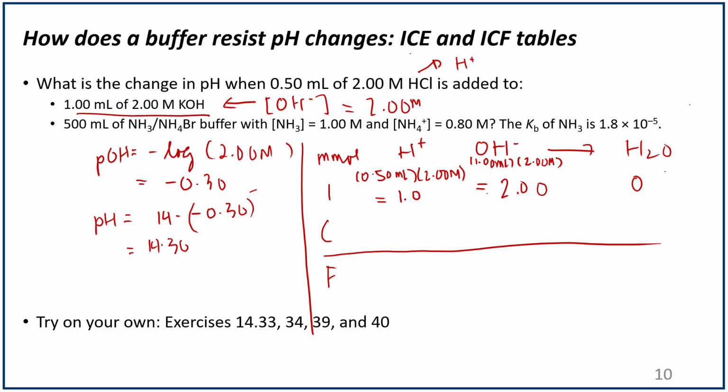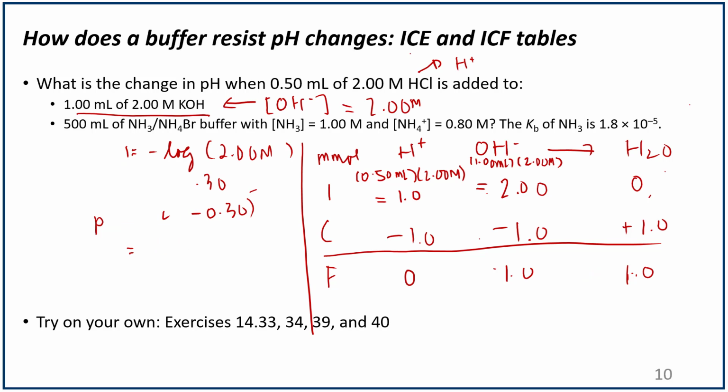Now you can see here H plus is the limiting reagent, so that will be fully consumed. Then it will form that amount of water, but we don't really care about water. So this is 0, and then this one will be 1.0, then this will be 1.0 again, but also we don't care about water again.